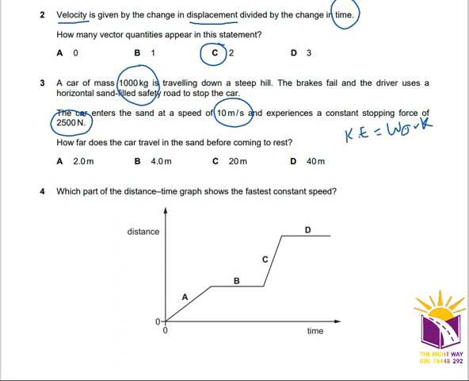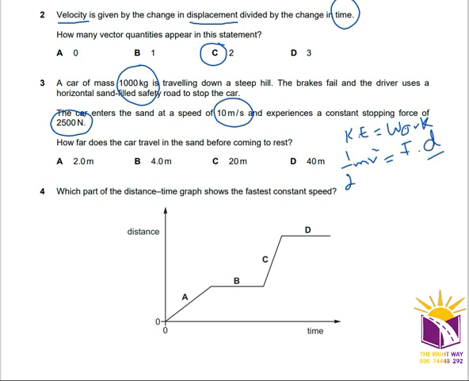So kinetic energy is 1/2 mv squared and the work done will be the opposing force multiplied by the distance travelled by the car. So 1/2 mv squared kinetic energy is equal to the work done that opposes the car to come to rest, which is F times D. We have to find this distance travelled by the car before coming to rest.